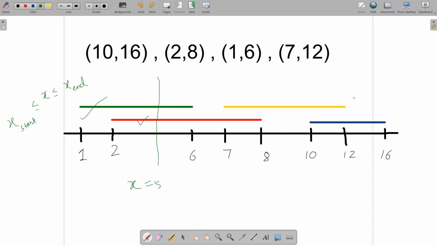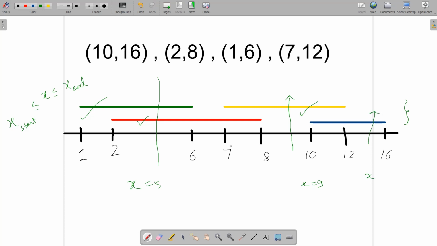For the other balloons you choose another coordinate, let's say x equal to 9, and only this one will be burst. Still this balloon is not burst, so you choose another x and burst it.